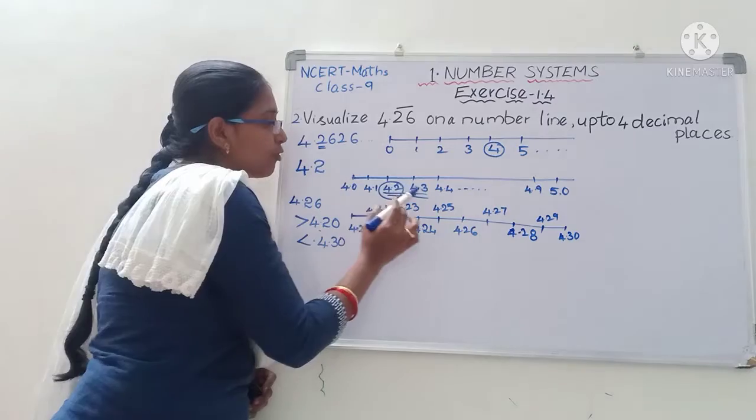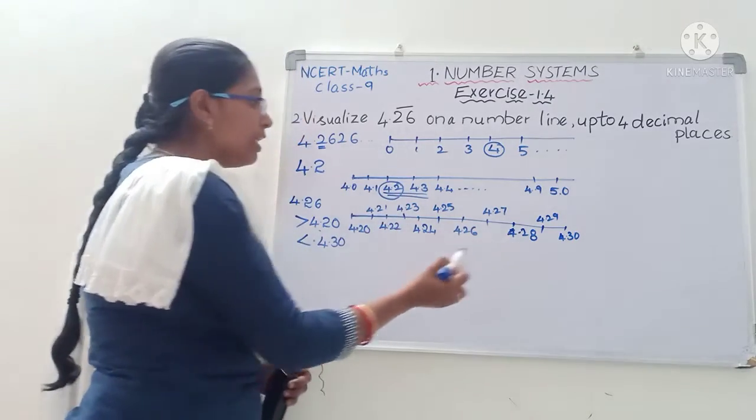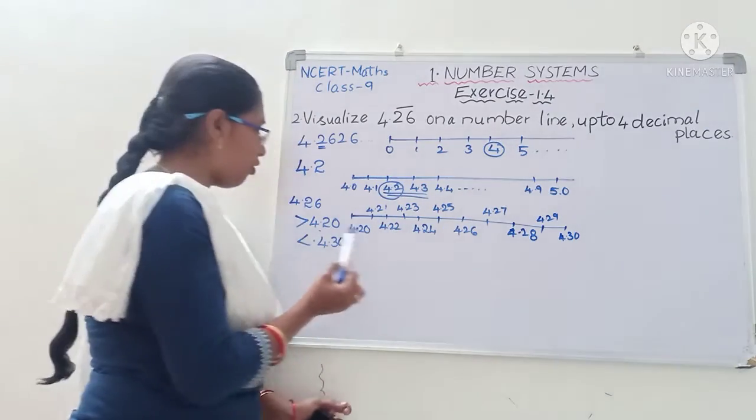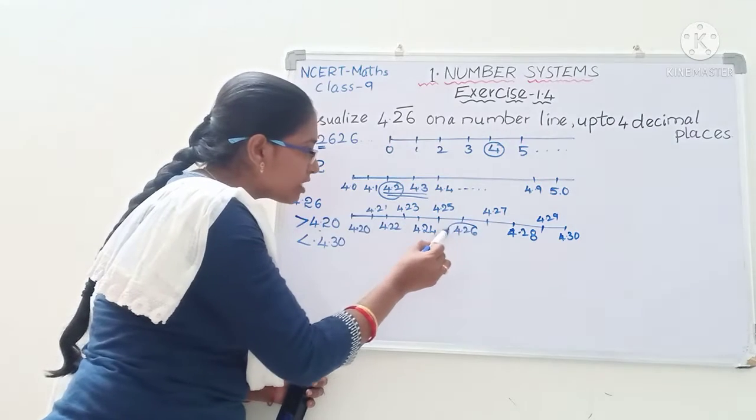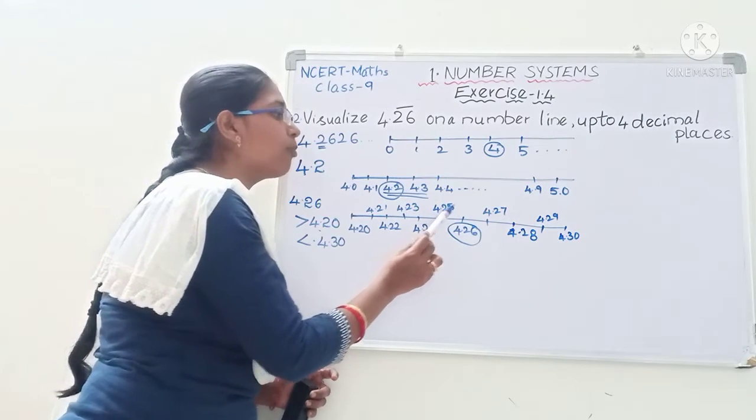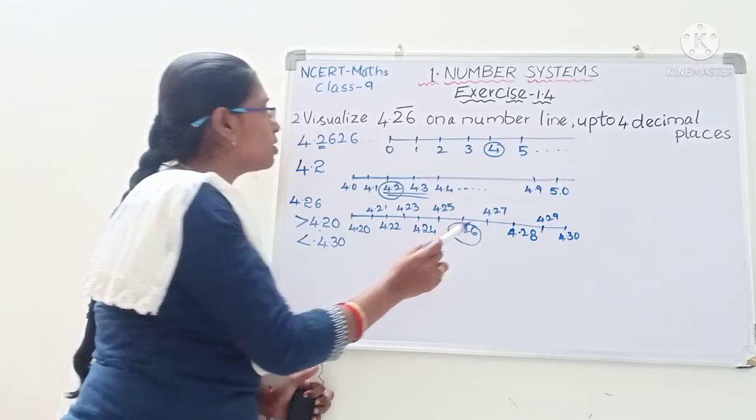That is, 4.2 to 4.3 we divided into 10 equal parts. Then we found 4.26. Where is 4.26? It is between 4.25 and 4.27.